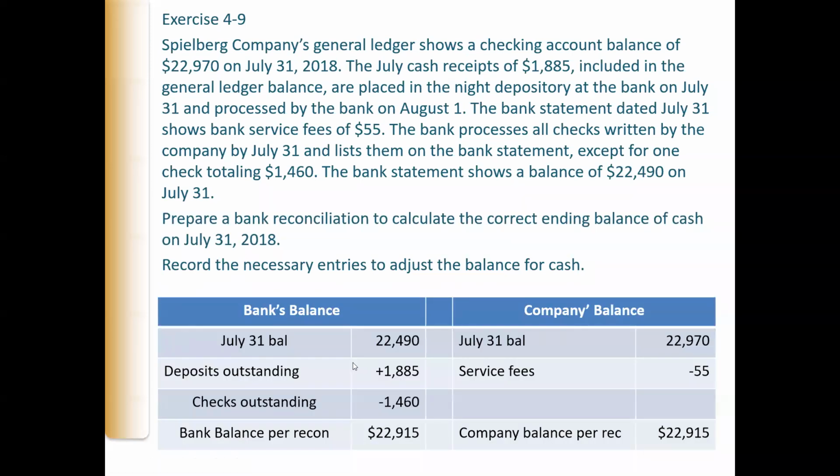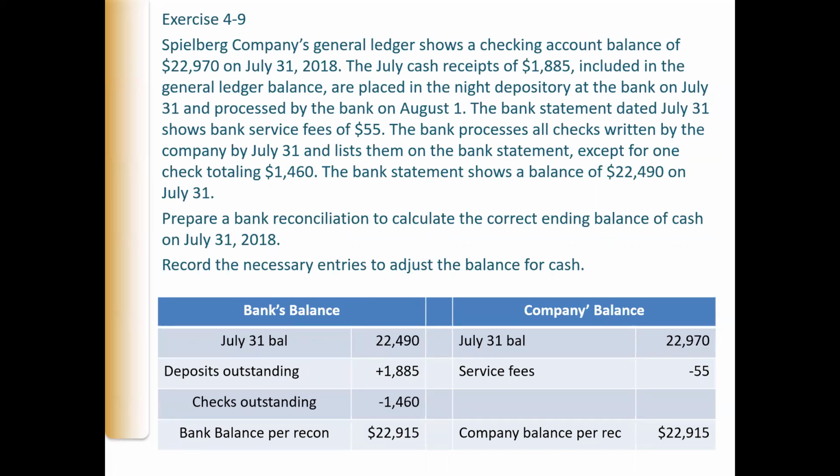So as you see here, the first thing we do is show the company's balance of $22,970, show the bank balance of $22,490. The items we're going to add to the bank include things that the company's already recorded that the bank hasn't recorded yet, such as deposits outstanding and checks outstanding.